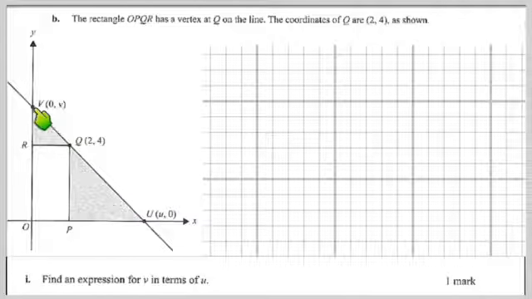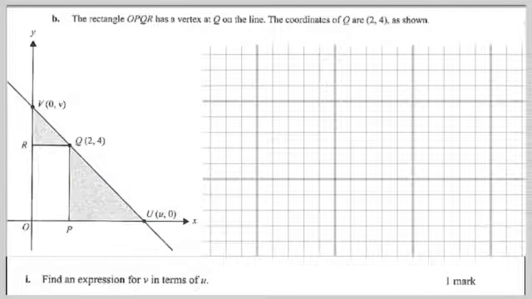We can work out this gradient very easily, and the only pronumeral in it is going to be a V. We can work out this gradient, and the only pronumeral in it is going to be a U. And if the gradients are the same, we can set both expressions equal to each other, which will give us a connection between V and U.